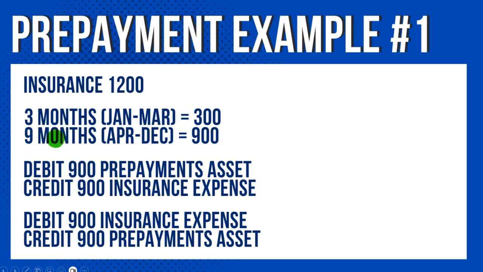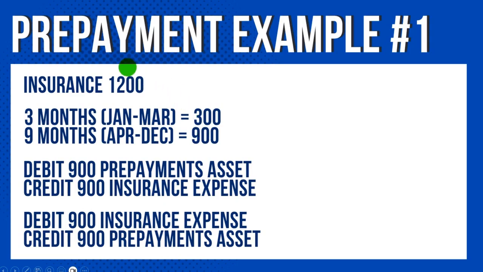And then the 9 months, April to December, need allocating to the next financial year. So the formula is 1,200 divided by 12 months will give you a cost per month. We can then times that by 3 for our 3 months and times it by 9 for our 9 months.